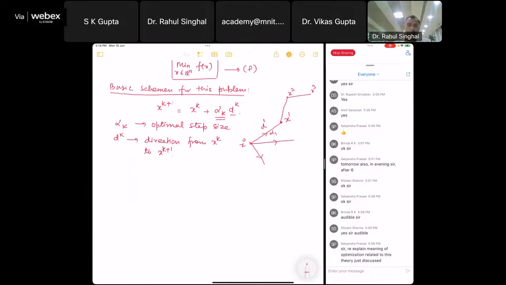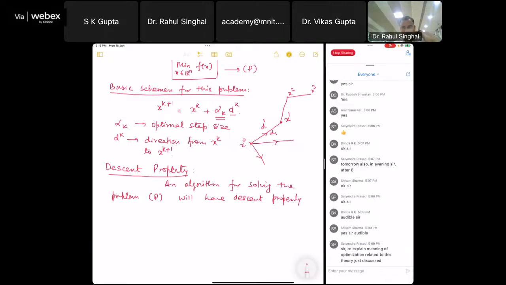Now, what is the descent property? We say that an algorithm for solving the problem P will have the descent property if f(x_{k+1}) is less than f(x_k).